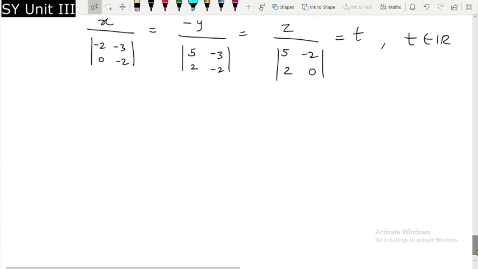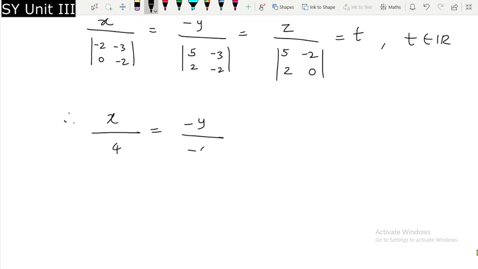Now after solving, what we will get? Therefore x upon, I guess it will be 4, which is equal to minus y upon minus 10 plus 6, isn't it? So minus 10 plus 6 is minus 4, which is equal to z upon, it will be plus 4, I guess, which will be equal to t.